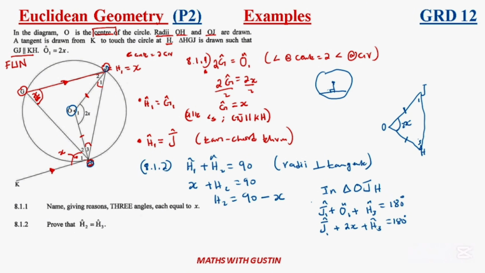Oh yes, remember now, in this case, as you can see, J1, this is our equation here. If you have a look here, J and H3 are equal, because H3 plus H3 is equal to J1, our reason being radii, or you can say angles opposite equal sides.